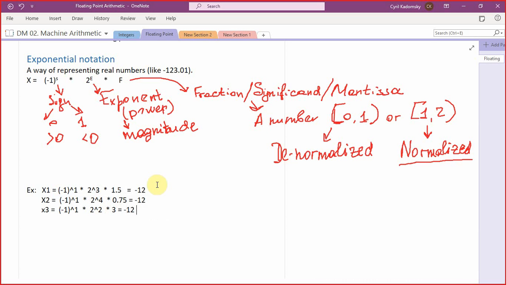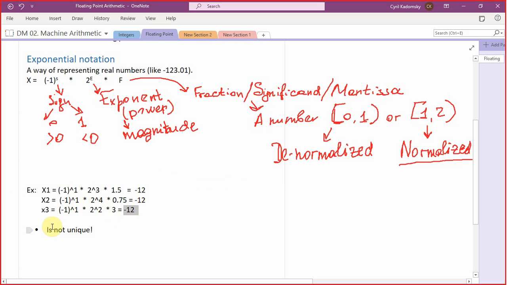So what we note here, that our exponential notation is not unique. That is very important. This notation is not unique, and each number has infinite number of ways of representing it.